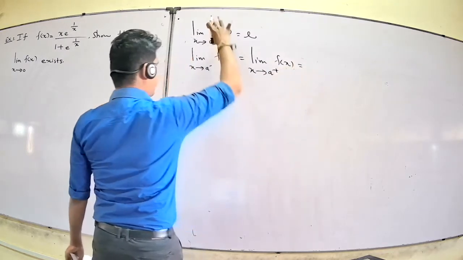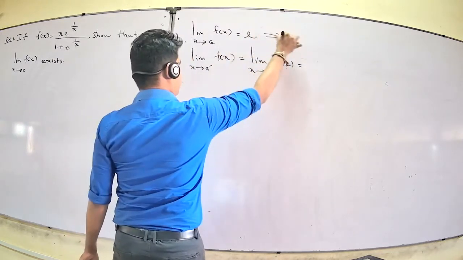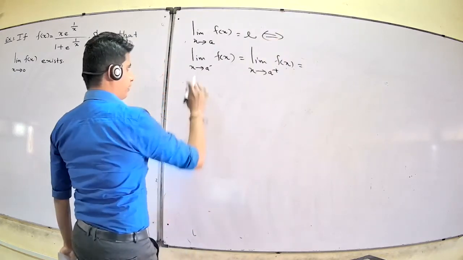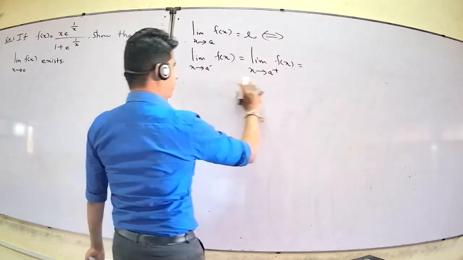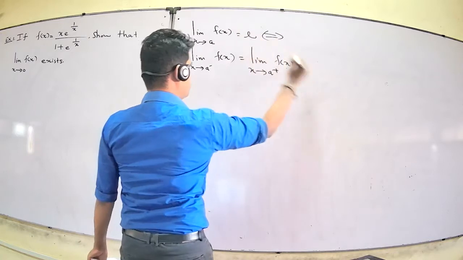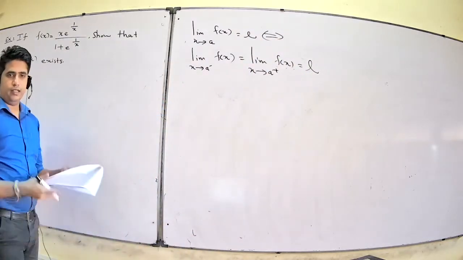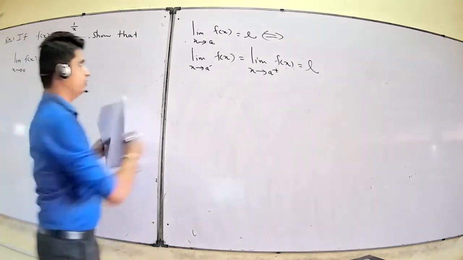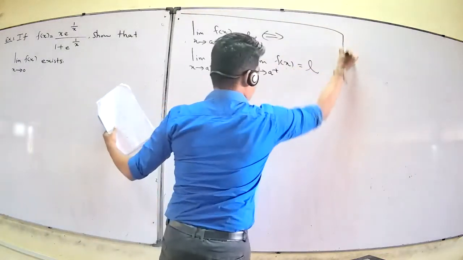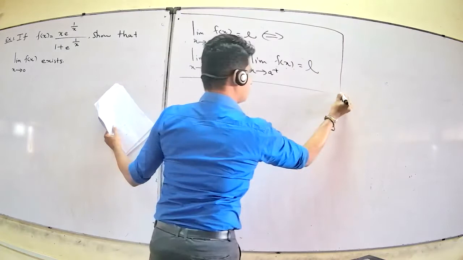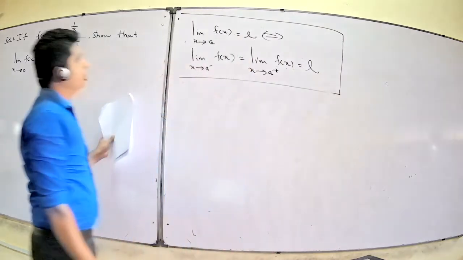The limit exists if and only if the left limit value equals the right limit value, and that value equals this L. We use this fact in today's class for some questions.